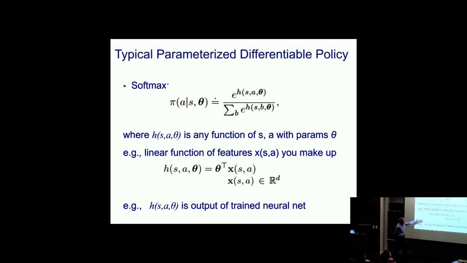And we can then represent h, the actual function that's doing all the work, any way you like. And one simple way would be to make it a linear function of some features that you make up. Right?